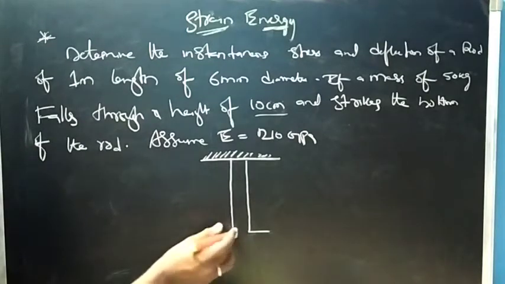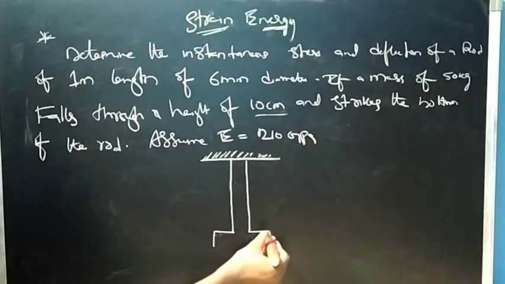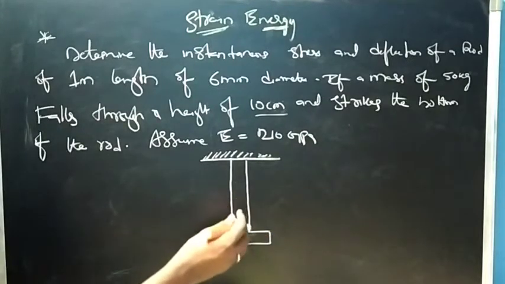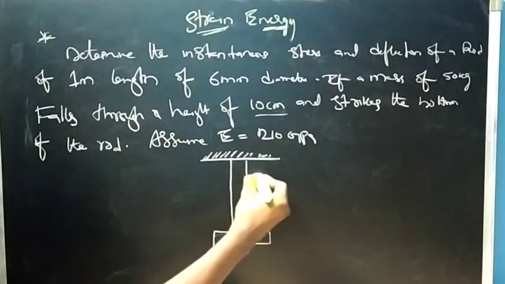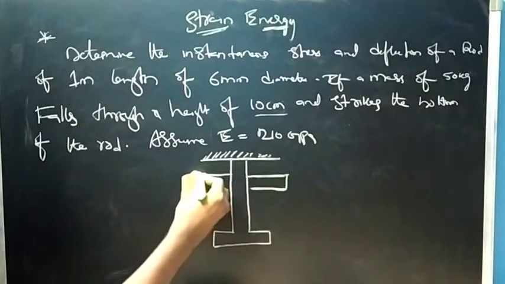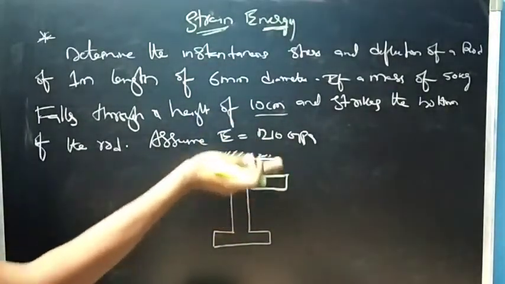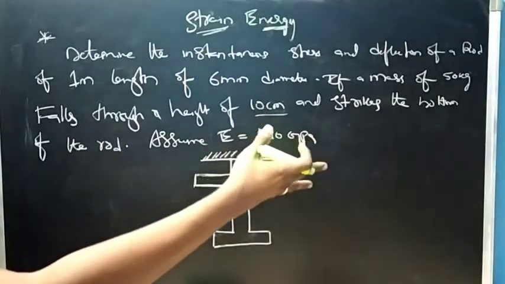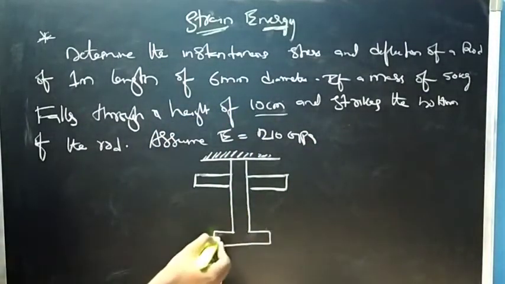Usually you can see this kind of setup in a gym, where if you lift a load, let us say this is a 50 kg load, if you lift it, it will go up, and if you release suddenly, it will come and strike this bottom, right?